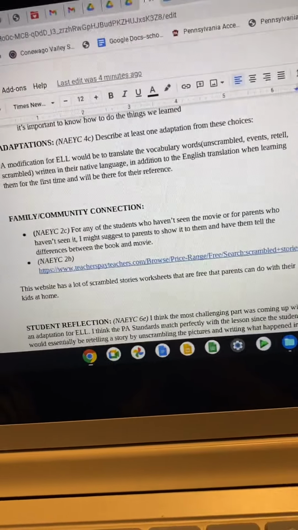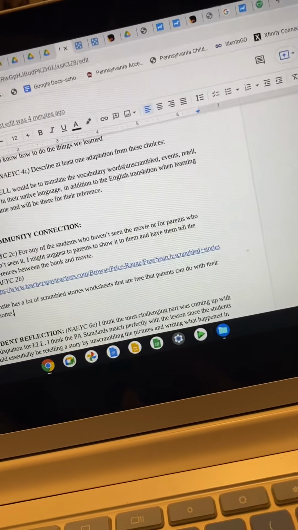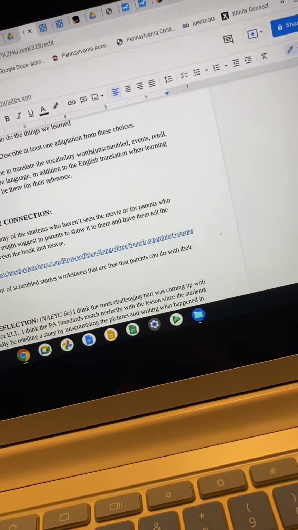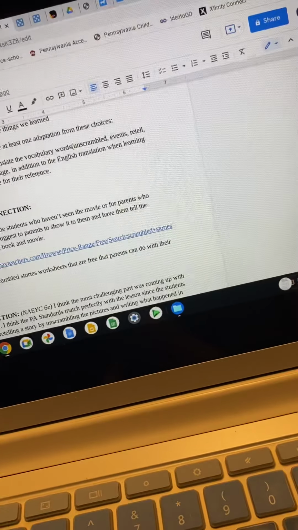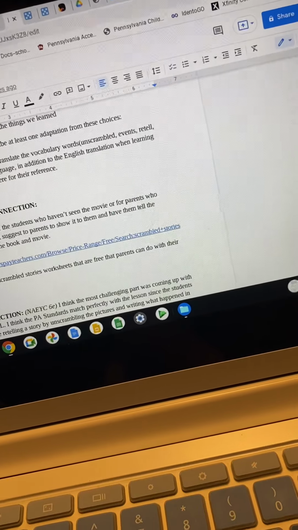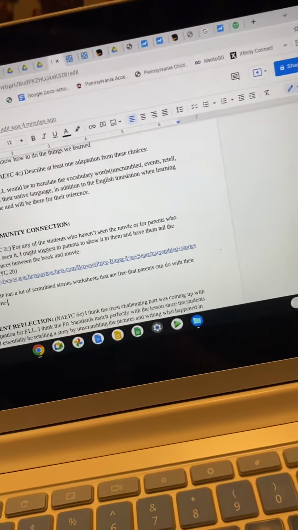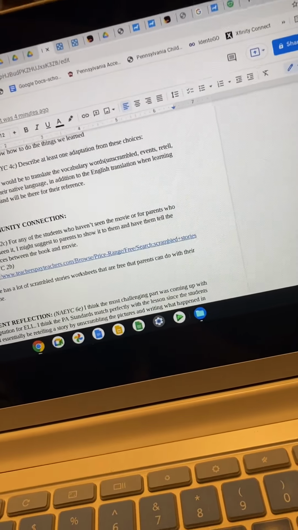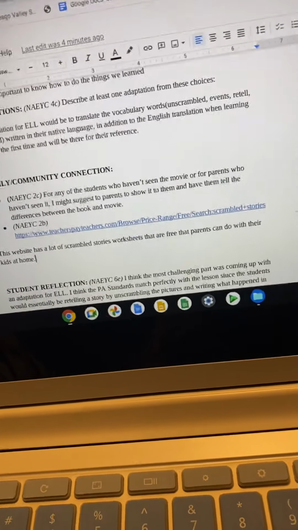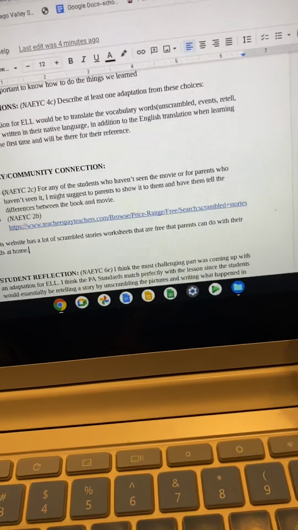A modification for an English language learner would be to translate the vocabulary words. This would be good just because this lesson is very picture focused, so the activity would be easier than learning the vocabulary words for them, but the vocabulary words will also still have their English translation for the other kids.